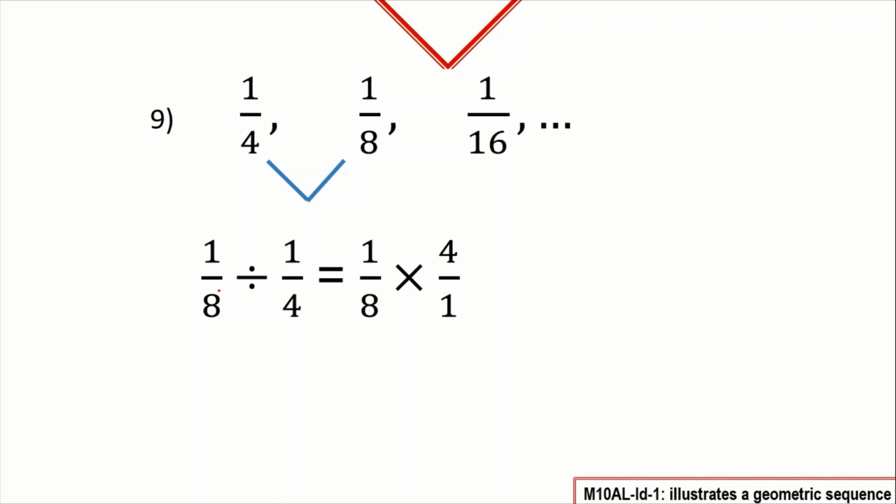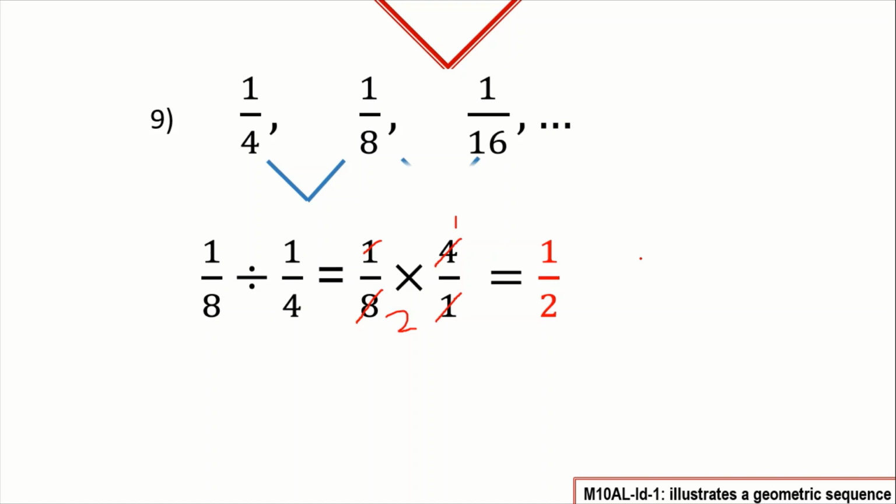So, 1/8 times, kunin natin ang reciprocal ng 1/4 and that is 4 over 1. Ngayon, pag nag-multiply tayo, pwede tayong mag-cancellation para lowest term na agad ang magiging kalabasan. So, pwede nating i-cancel si 1. Then, si 4 and 8 ay pwede nating i-divide by 4. So, 1 na lang matira, then 8 divided by 4 is 2. So, ang magiging kalabasan na ay 1/2.